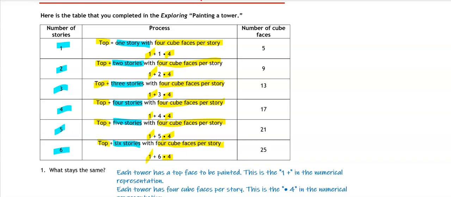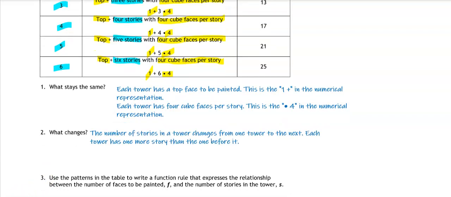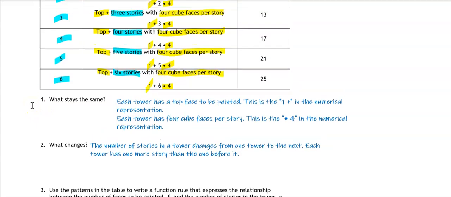Let's indicate that down here in the spot where it says what changes. As we can see, the number of stories in a tower changes from one tower to the next. Each tower has 1 story more than the one before it. Perfect.